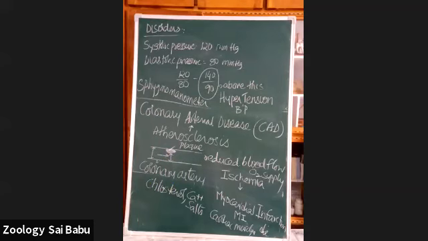Whenever there is a decrease in the blood supply, it results in myocardial ischemia. Blood supply is decreased, so oxygen supply also decreases. That leads to myocardial ischemia.